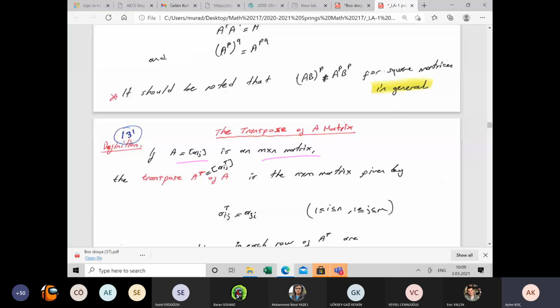Change the rows and columns and we obtain the transpose. Another matrix is 3 by 3, so its transpose is also 3 by 3. First row, first column. Second row, second column. And the last row gives the last column. It's okay?